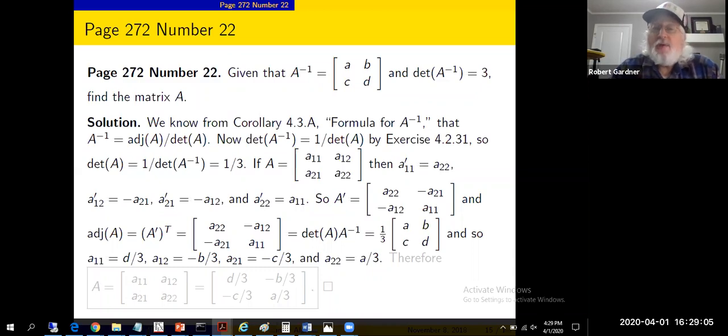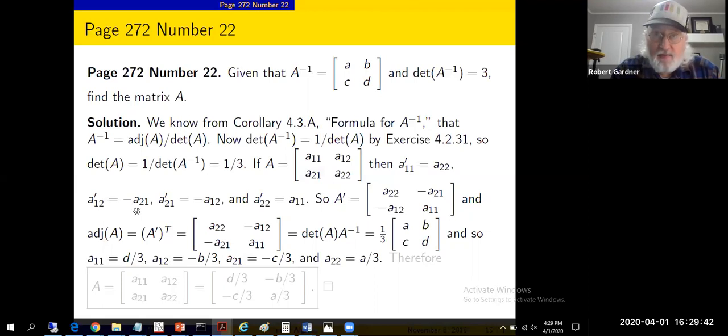Okay, so we found the cofactors of all the entries of matrix A, so we can find them in matrix A prime. The 1, 1 entry of this matrix would be A11 prime, which equals lowercase a sub 2, 2. So we get an A22 here. This would be A12 prime, the 1, 2 entry of A prime.